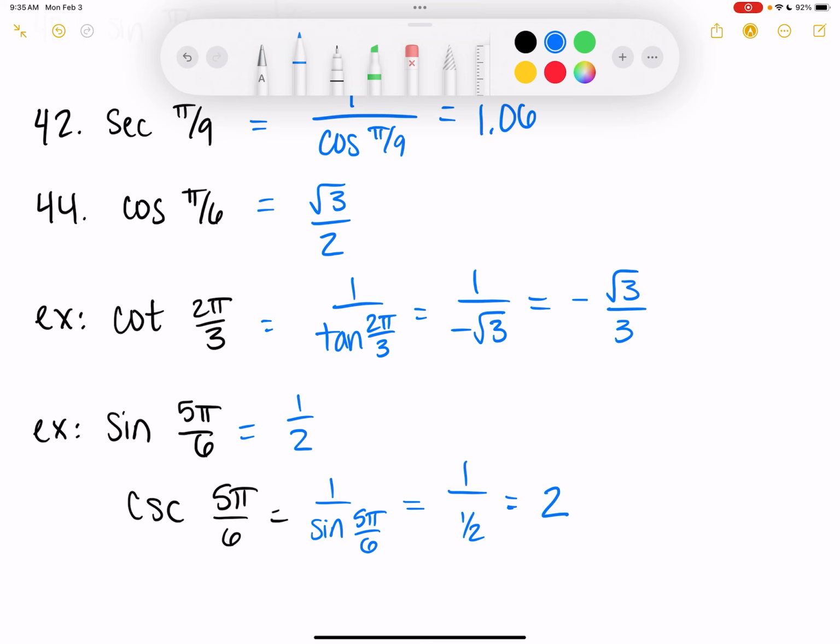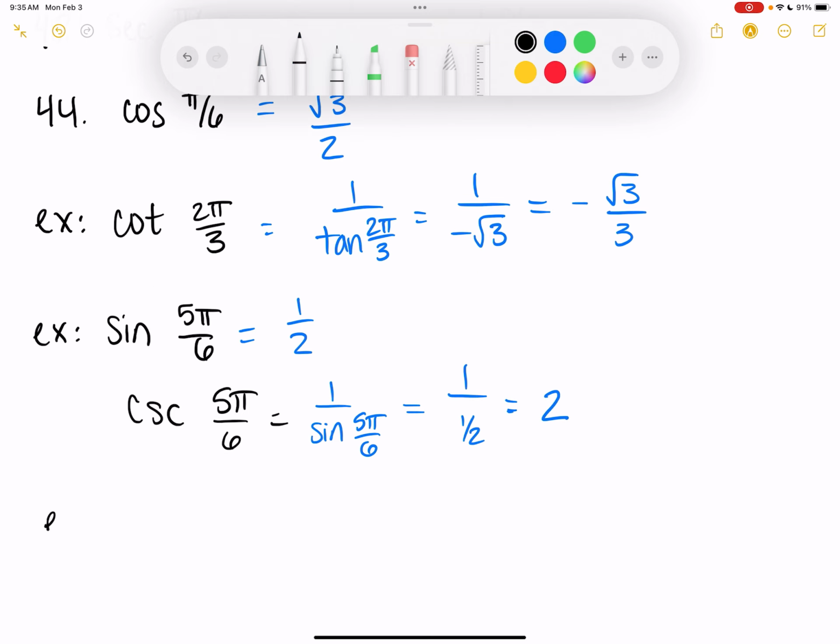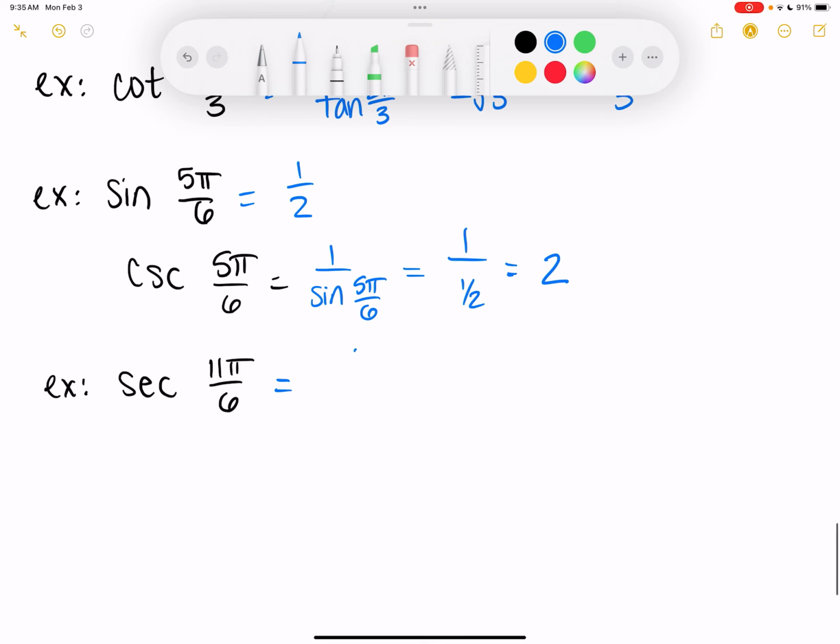Let's see. The secant of 11 pi over 6. What would that be associated with? Cosine. 1 over cosine of 11 pi over 6.